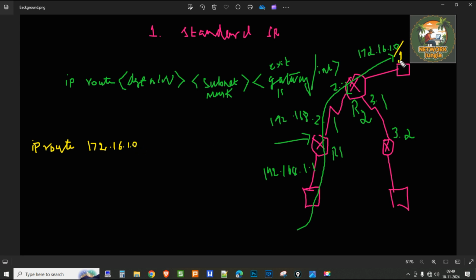The subnet is /24, so we need to configure the correct subnet mask, 255.255.255.0. Next one is the exit gateway. The IP address of that exit gateway is 192.168.2.2.